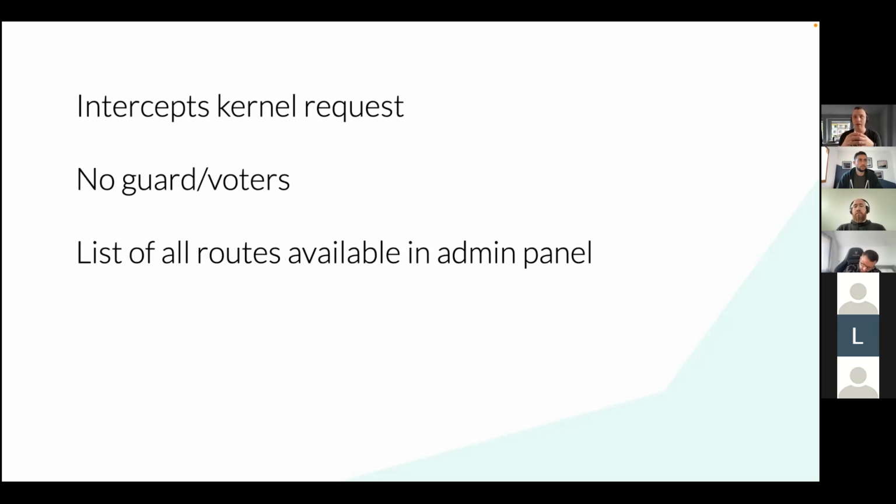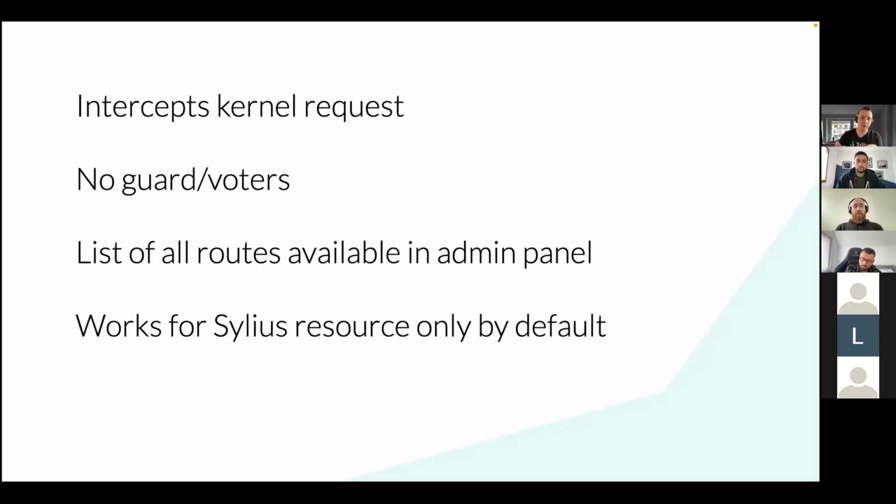For example, if you have inventory and you would like to block or allow it, you may just allow the whole alias, and all the routes available below this alias will be available or not to the given user. By default, it works only with Sylius resources, but you can also allow some external paths to be available here with some additional code.